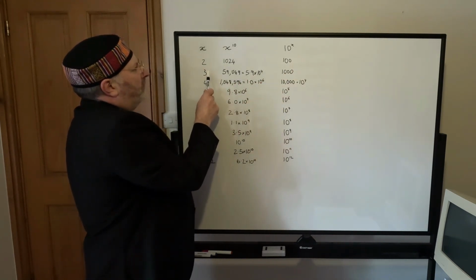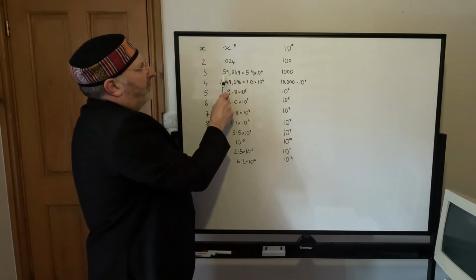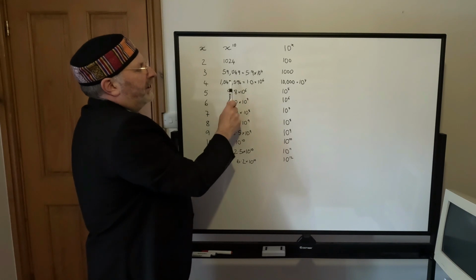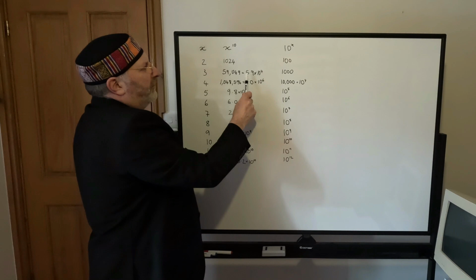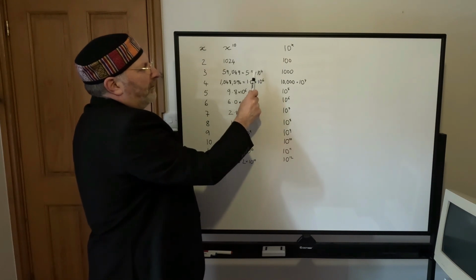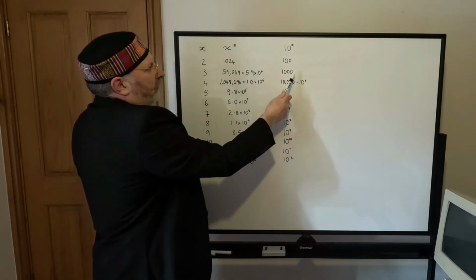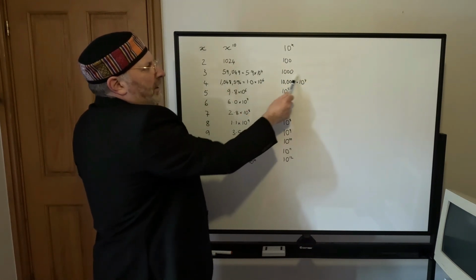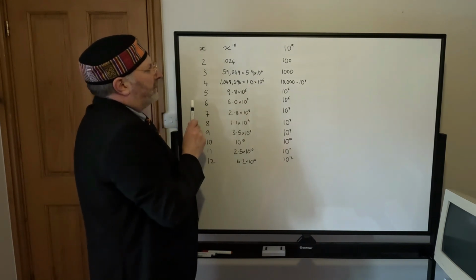And when we go to x equals 3, 3 to the power of 10 is 59,049, which I can write in standard form as 5.9 times 10 to the power of 4. And 10 to the x is 10 to the power of 3, which is 1,000. So the power law is still winning at this point.